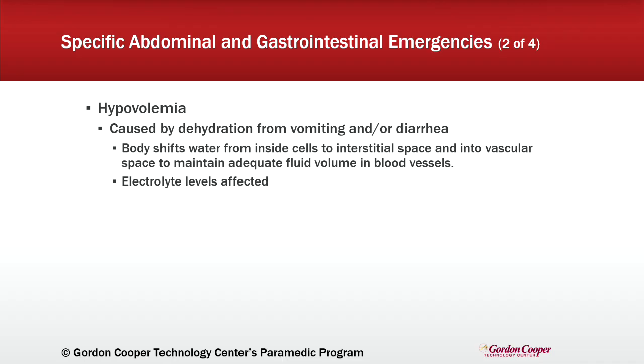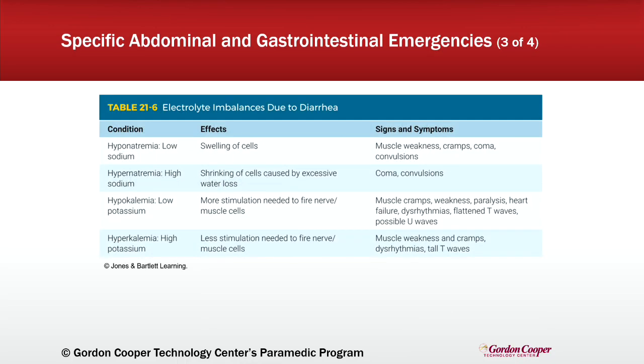Eventually, though, the body reaches its limit and it can no longer move enough fluid to keep up with everything that it's losing. During this process, electrolyte levels get out of whack as well, especially sodium and potassium. These levels may either increase or decrease depending on the severity and the cause of the dehydration, and when that happens, it begins to affect other parts of the body, whether they're cardiac effects or cellular effects in other ways.